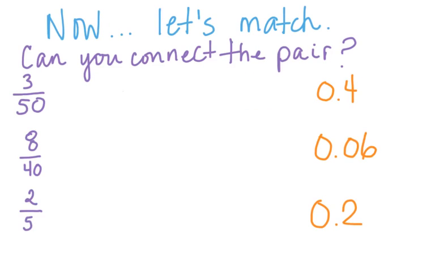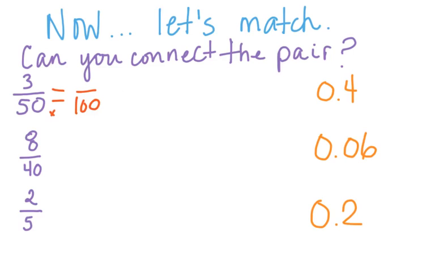Now we're going to do a different game, and it's called Make a Match. So I want to match the fractions in purple with the decimals in orange. So just write these down on a piece of paper and then try to connect them to the correct one. And pause this, do that work, and then move on. Okay, so let's go ahead and see what the correct answers are. So, first of all, I'm going to change that to being over 100.